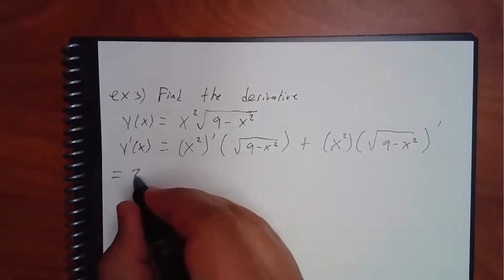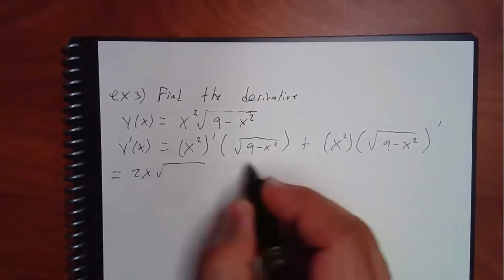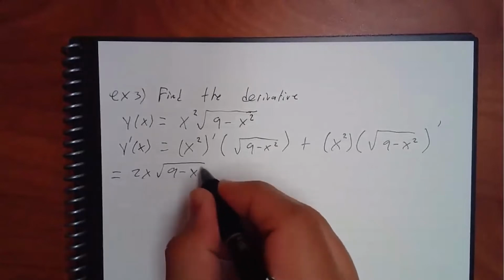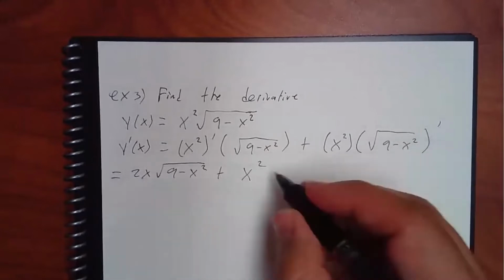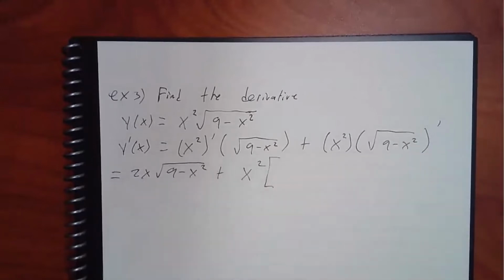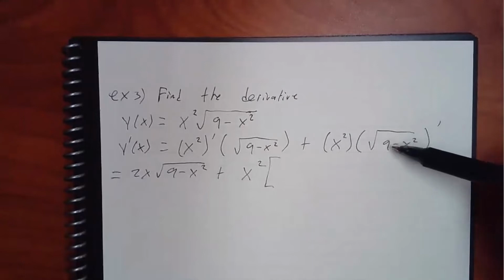Derivative of x squared is this guy times the second function plus the first function times this derivative. So right here, you're going to have a chain.